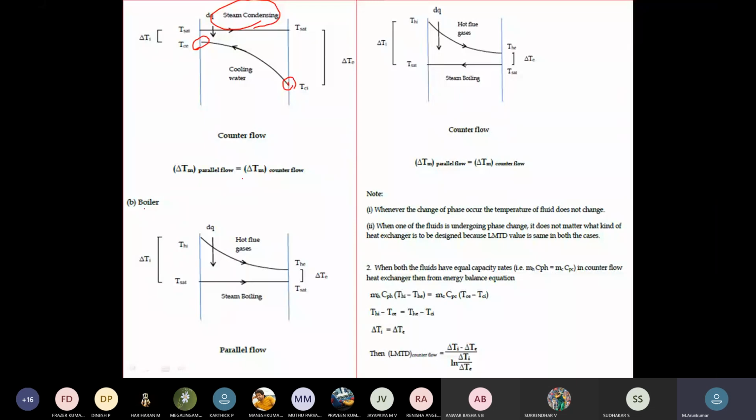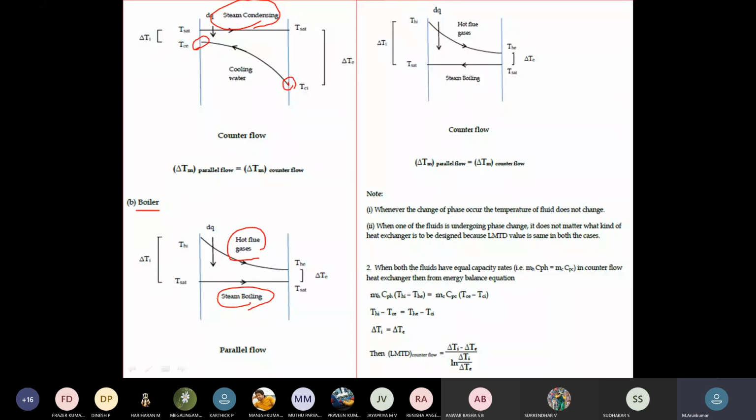Then you know very well what a boiler is, right? In a boiler also there will be heat transfer. In the boiler we are using steam, and that steam temperature is transferred to the hot flue gases.